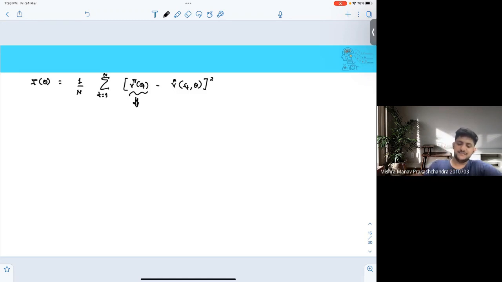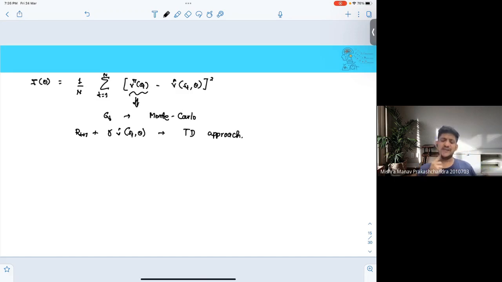So this v pi can be estimated by G_t if you are following Monte Carlo, right? So G_t is a good enough estimate for v pi. Otherwise, we estimate it by r_{t+1} plus gamma v hat of s_{t+1} comma theta. This is if we are following a TD approach, right?